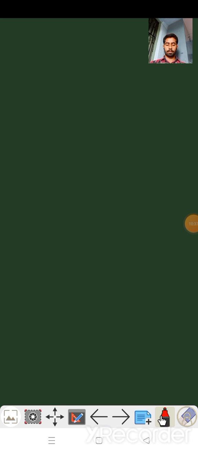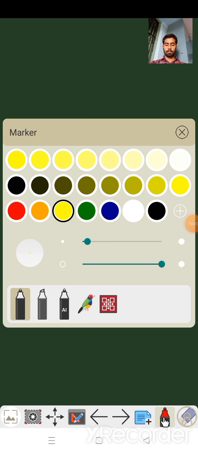Now on the next page, I will check whether rho is symmetric or not.